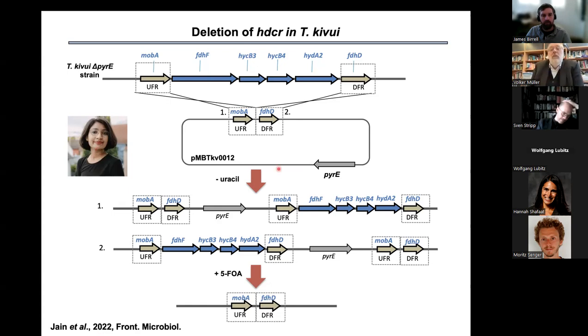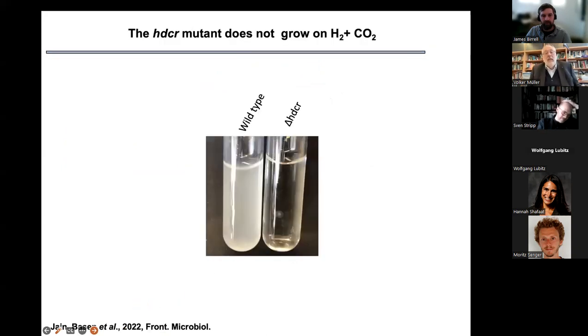She did the PhD with me, and she's now a postdoc in Chris Greening's lab. So she left damn cold Germany to go to warm Australia, and she generated a mutant of Thermoanaerobacter kivui, which is devoid of, here you see the genes encoding the H2ase enzyme. And that strain does no longer grow as expected on hydrogen and CO2, as you see here.